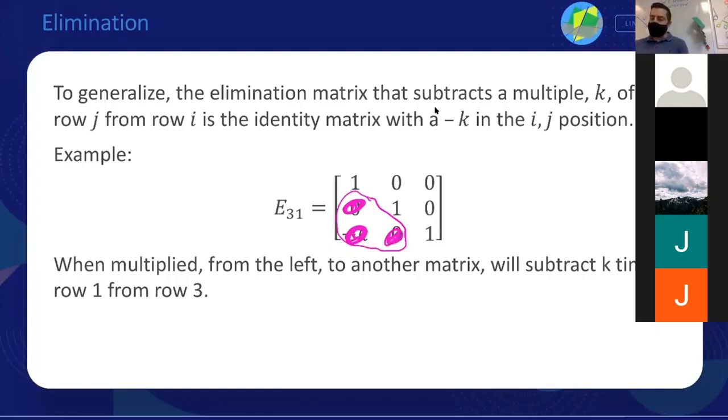To get to upper triangular, we only look at that bottom part. So this would be the E31. For our 3 by 3s, we always have E21, E31, and E32. As they get larger, you would have ones down here as well.